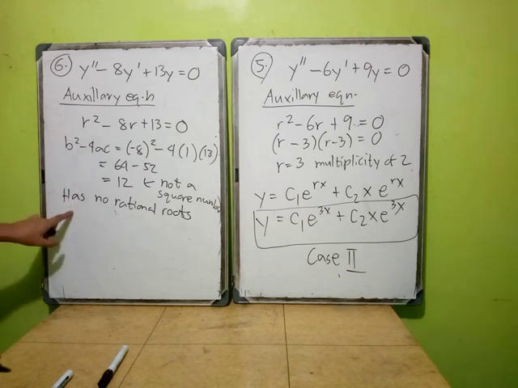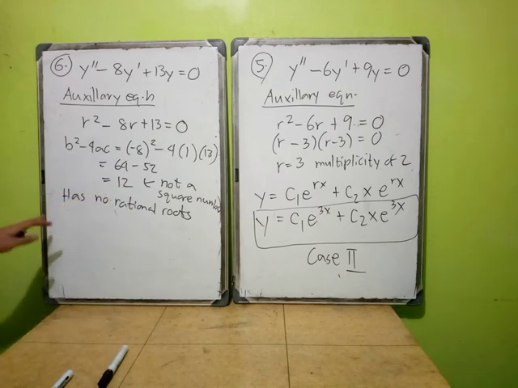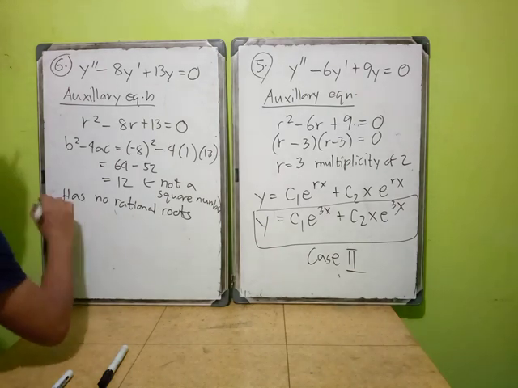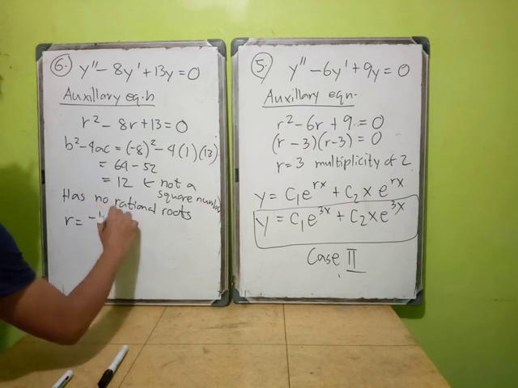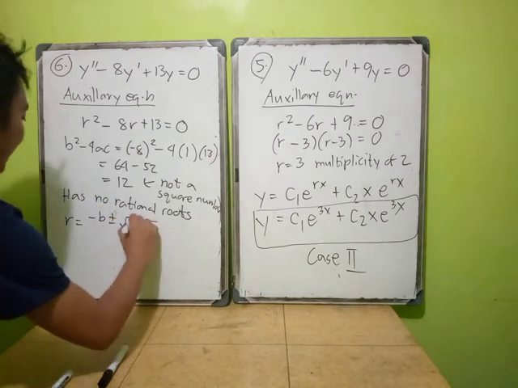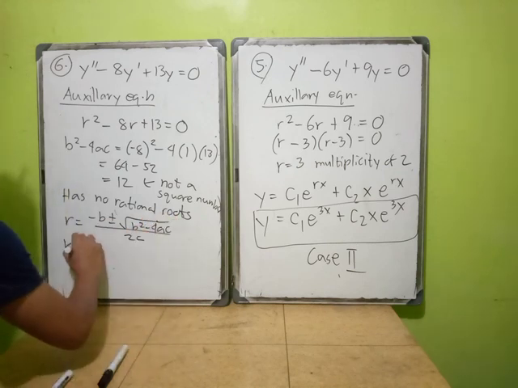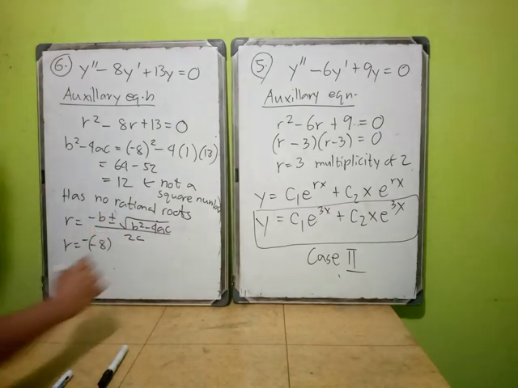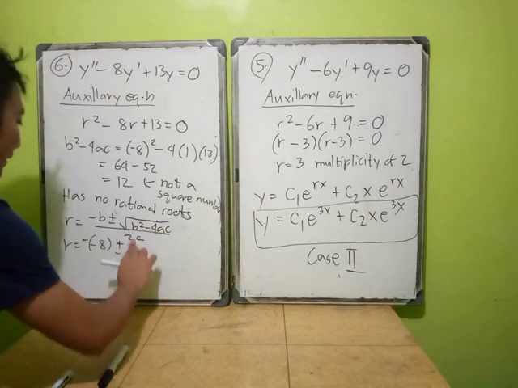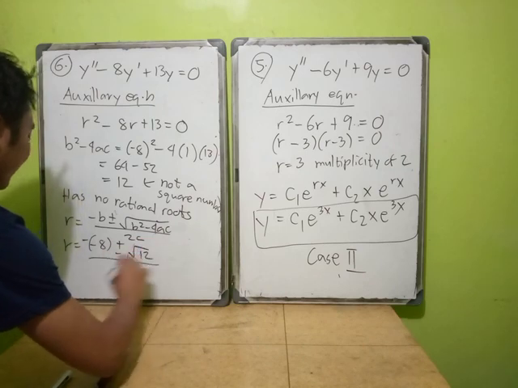If the result is not a square number, it has no rational roots. So therefore, we use the quadratic formula: negative b plus minus square root of b squared minus 4ac over 2a. We know that b here is negative 8. Negative of negative 8 plus minus the square root of 12, over 2.